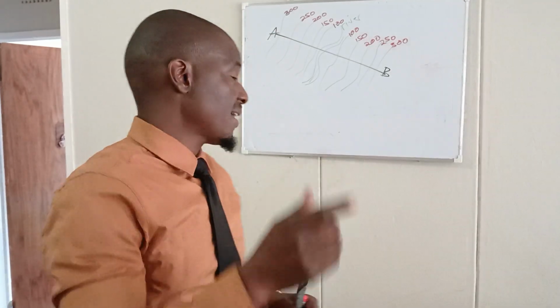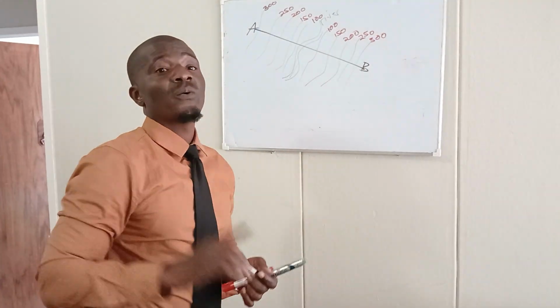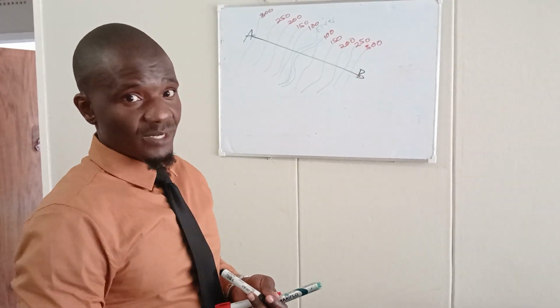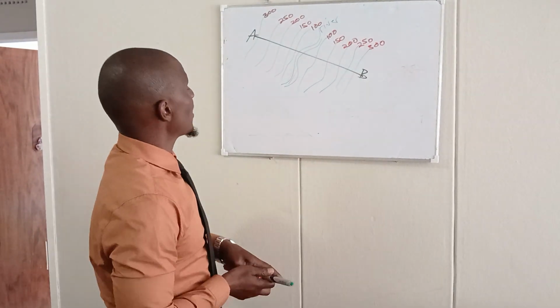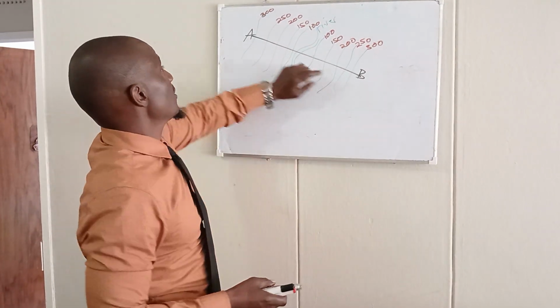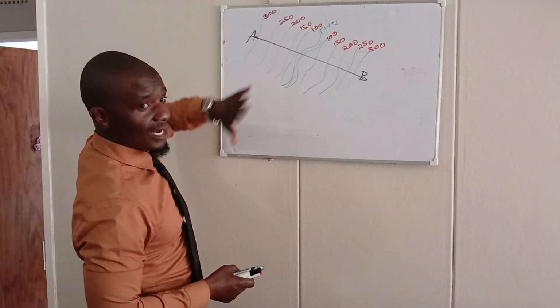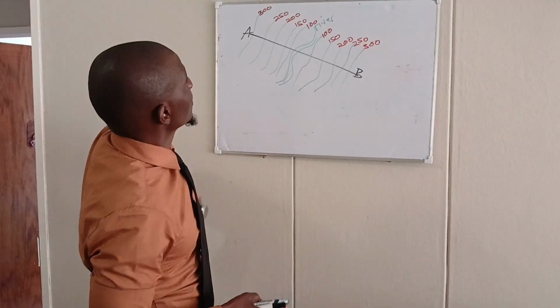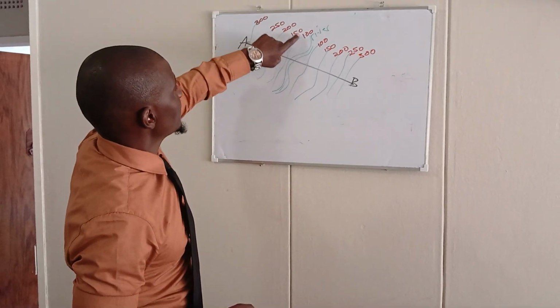Remember, we have defined the concept of vertical exaggeration, what the cross-section is, and what intervisibility is. So we are going to do a cross-section from A to B. In terms of our landscape, this is 300 meters, 250 meters, 200 meters, 150, 100 meters.